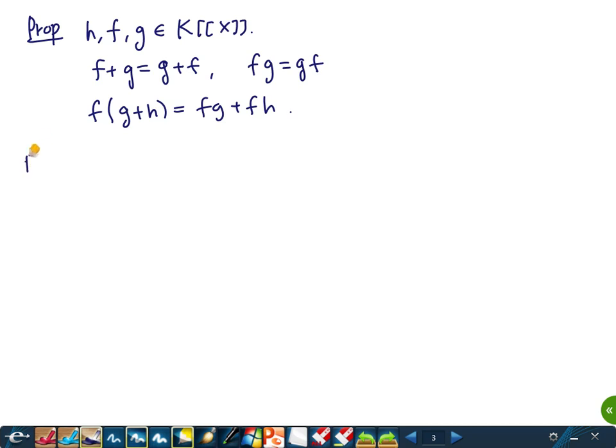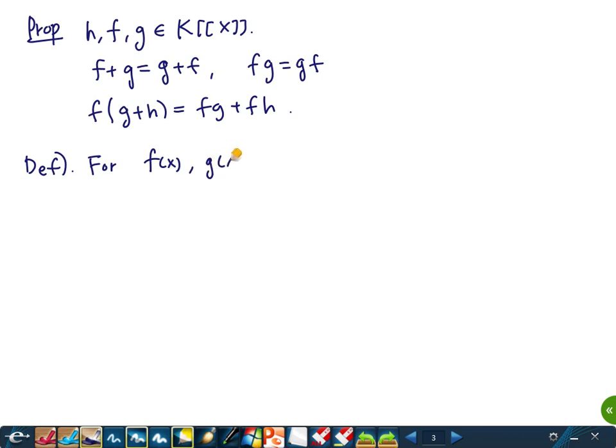Okay, now, this is a ring, so it has inverse for addition, but may not have inverse for multiplication. So sometimes when we have the inverse, then we write something like this.